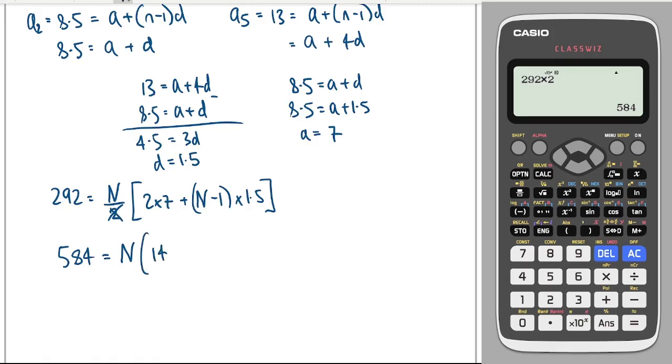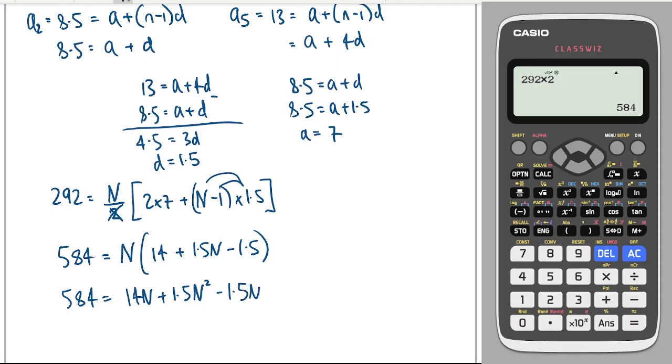This gives me 14, and when I multiply out these brackets, I get 1.5n, and I get minus 1.5. So sorting this out is going to give me 14n plus 1.5n squared, and then minus 1.5n.